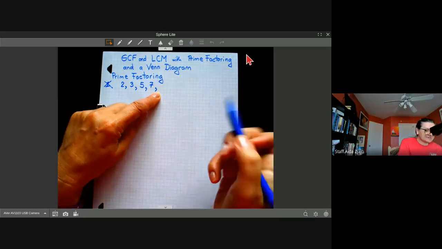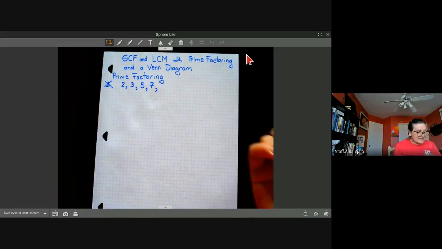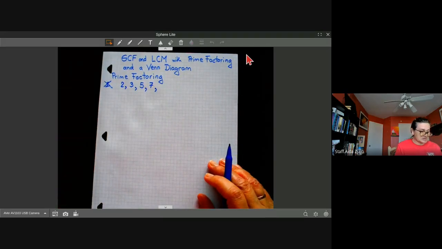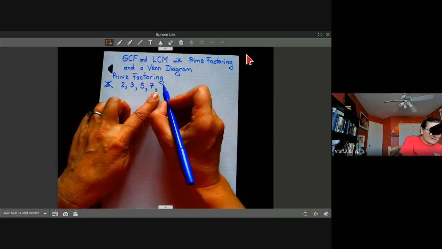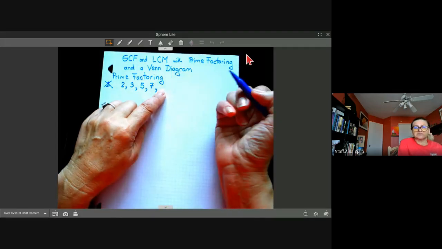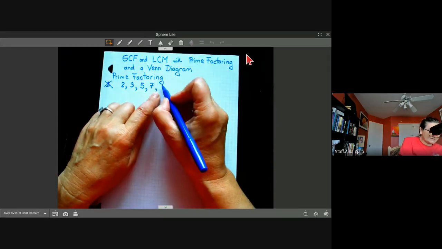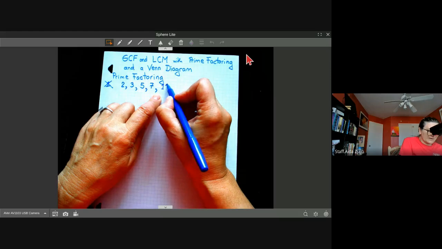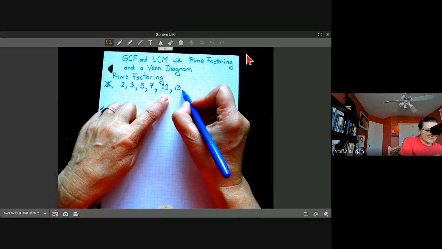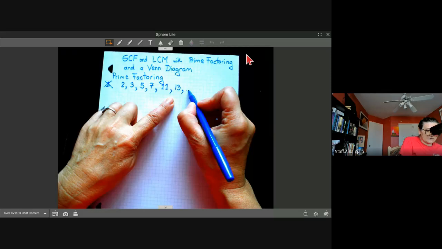Excellent. So it does not mean that if it's an odd number, it has to be prime. That's not true. 9 is not, and 10 is also not. But 11 definitely is, and 13, and they go on forever, guys. So we can put a comma and then the symbol.